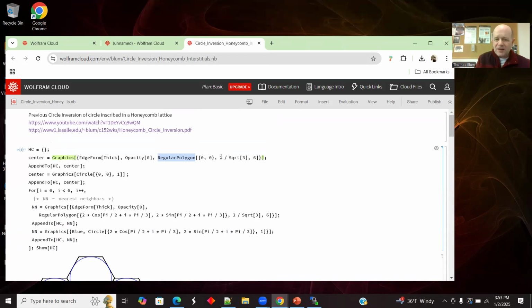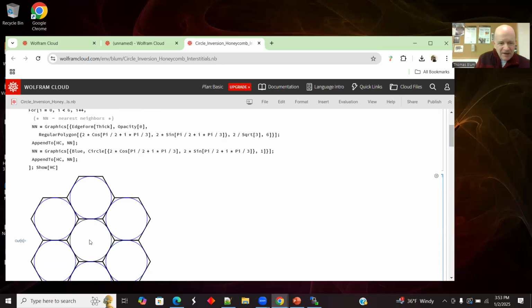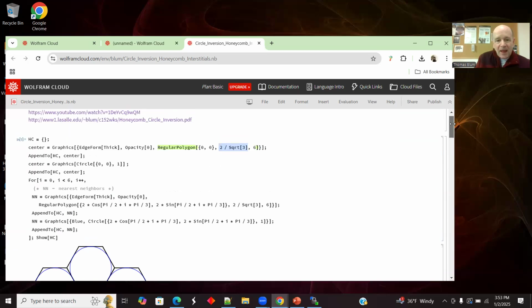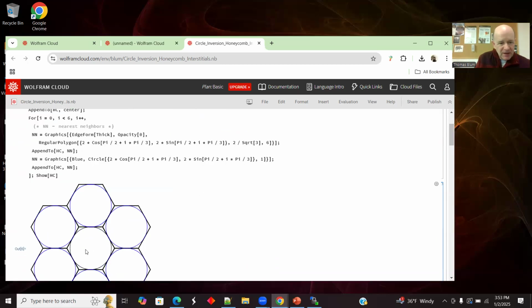I'll call this the big radius, the radius to the farthest point, in the hexagon to the corner of the hexagon. That's 2 over the square root of 3. And then the short distance is 1, because I was working with a unit circle.